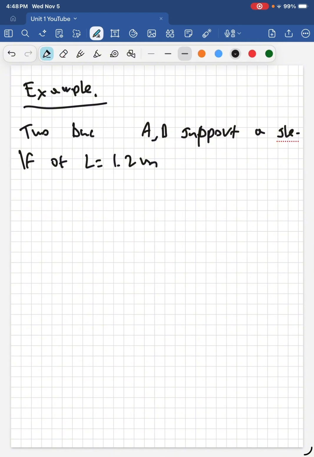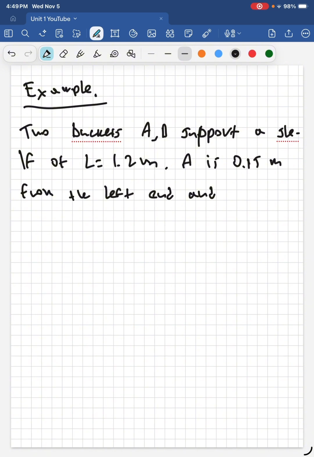I was wondering, that's why I was hesitating. So, okay, two buckets A and B support a shelf of length L equal to 1.2 meters. So A is 0.15 meters from the left end, and a book is placed 0.35 meters from the left end.